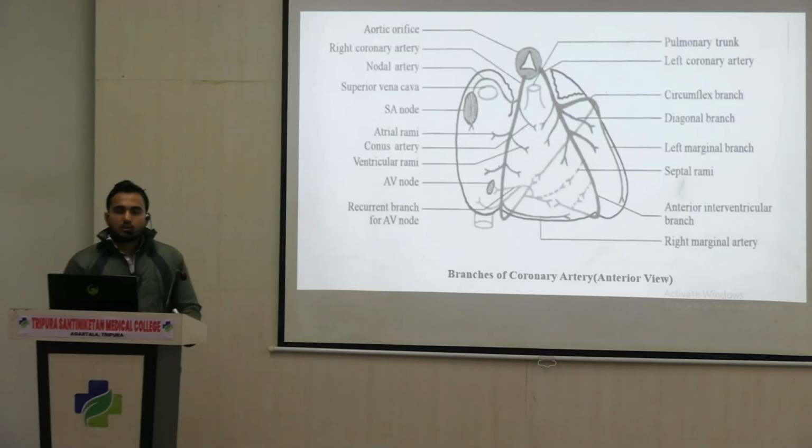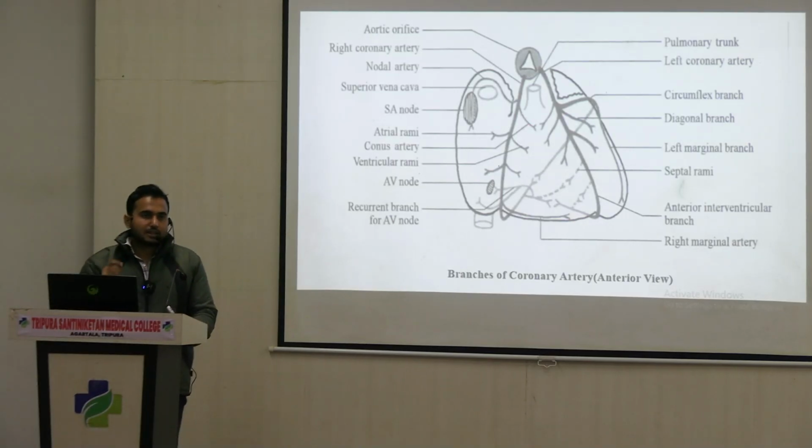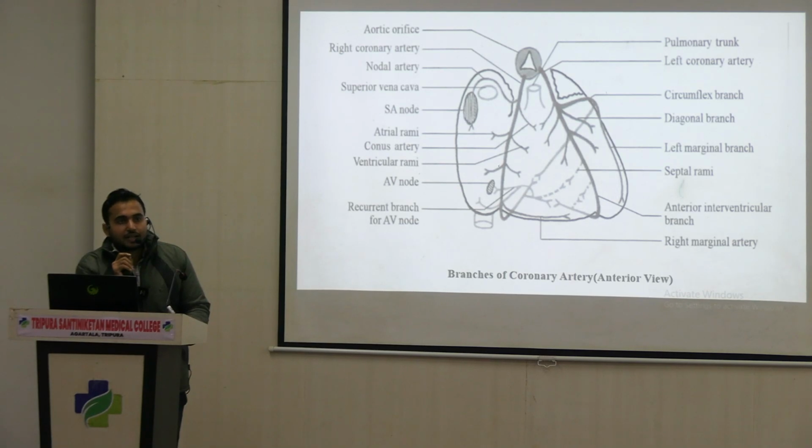Now there are some cases where this right conus artery arises from the aortic sinuses. In that case, this right conus artery is called the third coronary artery. We know that two coronary arteries are there, right and left.